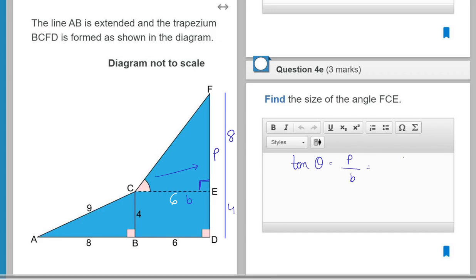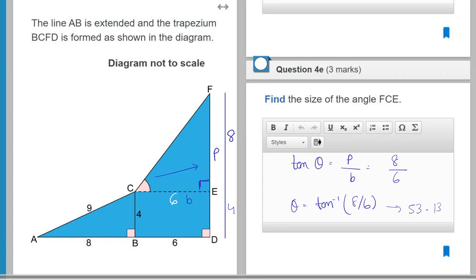So perpendicular 8 over base 6. Theta equals tan inverse of 8 over 6. If we solve tan inverse of 8 over 6, we would get an answer of 53.13. I hope all of this makes sense.